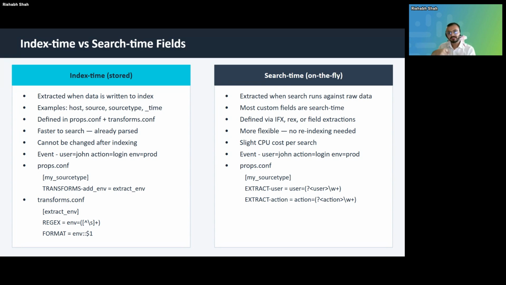So it's a few new computations that Splunk has to do in the SPL, and that will come as a cost. Okay, so that's more around search time. So yeah, two things: index time and search time extraction. Any questions till this point?